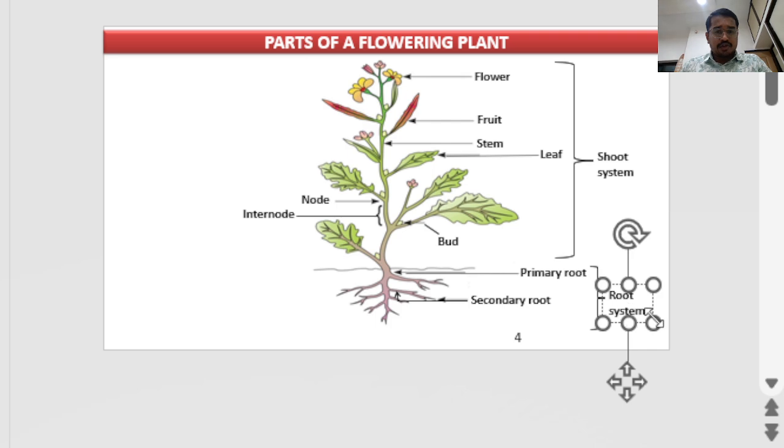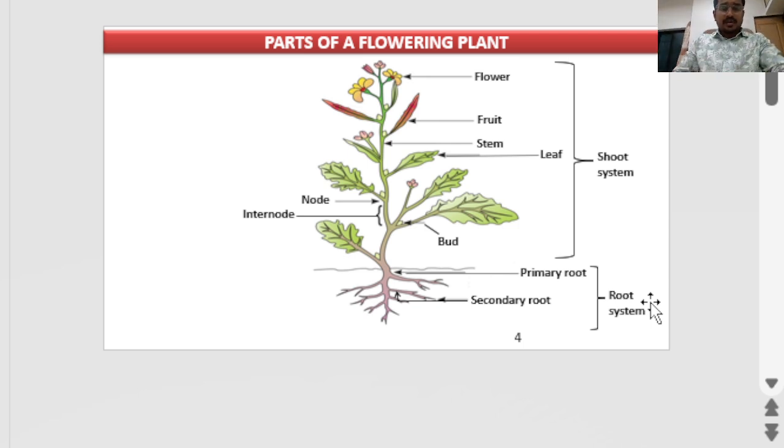In a root system, we observe the primary roots and secondary roots, and again the branches of this root, root hairs, etc. And in the shoot system, there is the presence of leaf, stem, fruit, flower, etc. So the root system is the underground part of the plant body, while the shoot system is the terrestrial or the aerial part of the plant body.